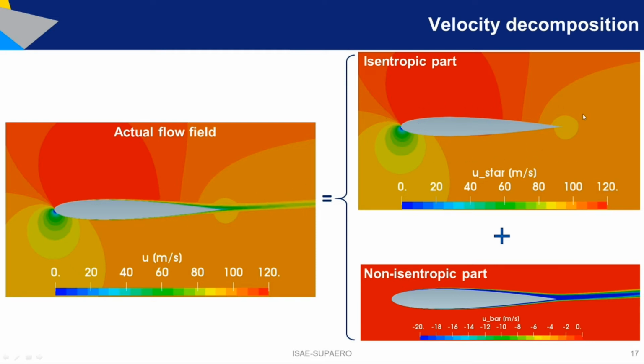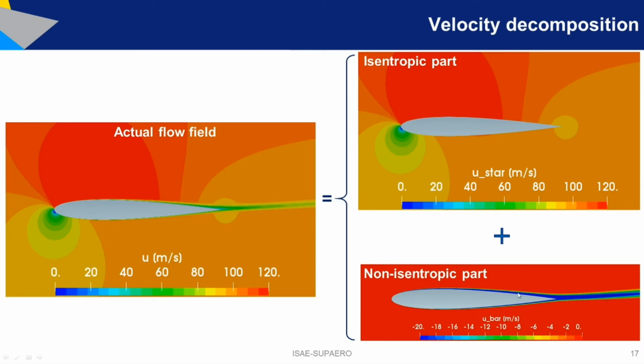A term here called the isentropic part, that, since there are no losses, we can say that for a subsonic case, this is equivalent to a potential flow field. And in a potential flow field there is no drag, so the isentropic part will generate no drag, whereas the non-isentropic part is related to the loss of momentum inside the boundary layer, so it's related to the drag generation.